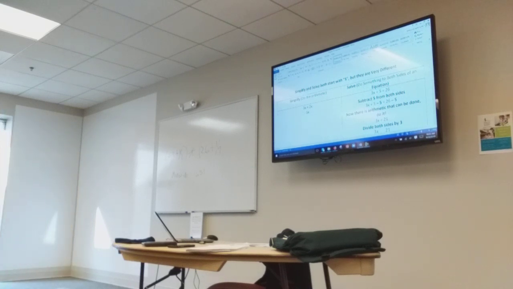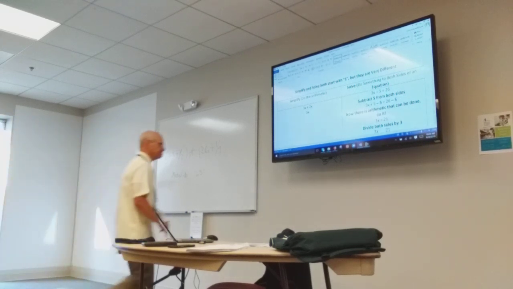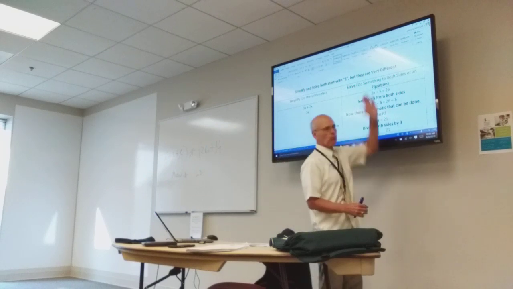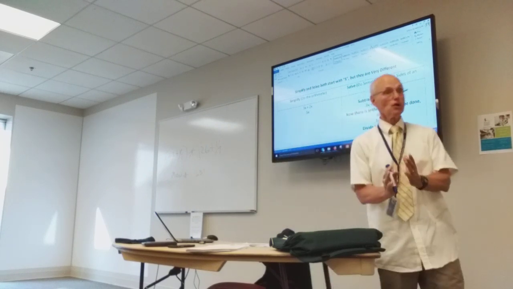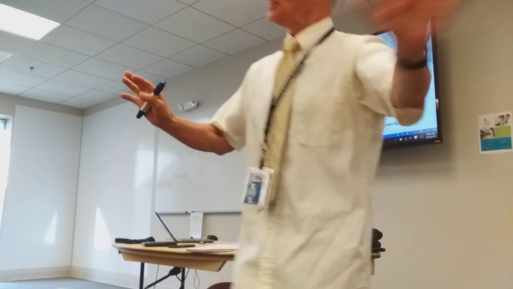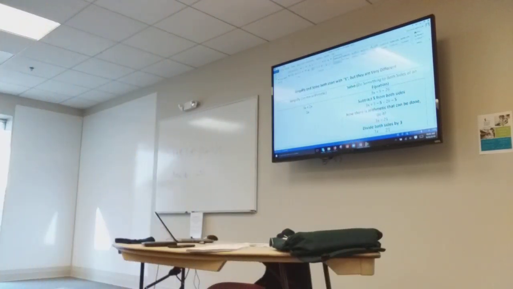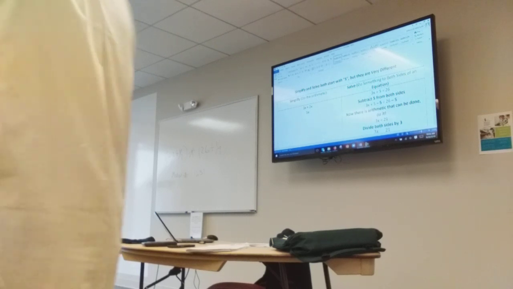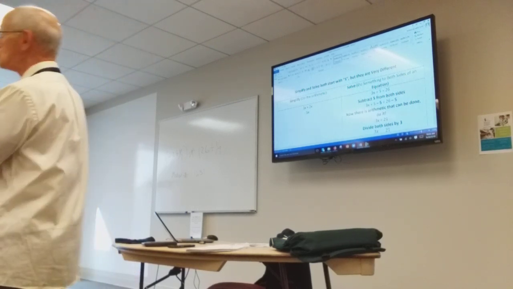Both sides. I'm going to try not to be political in this class, but I'm going to use a political reference for a couple of minutes, just because it helps me explain this. The equal sign is like Mr. Trump's wall. Whether you think that's a good thing or a bad thing, I don't care. I am not going to talk politics. The equal sign is like Mr. Trump's wall.